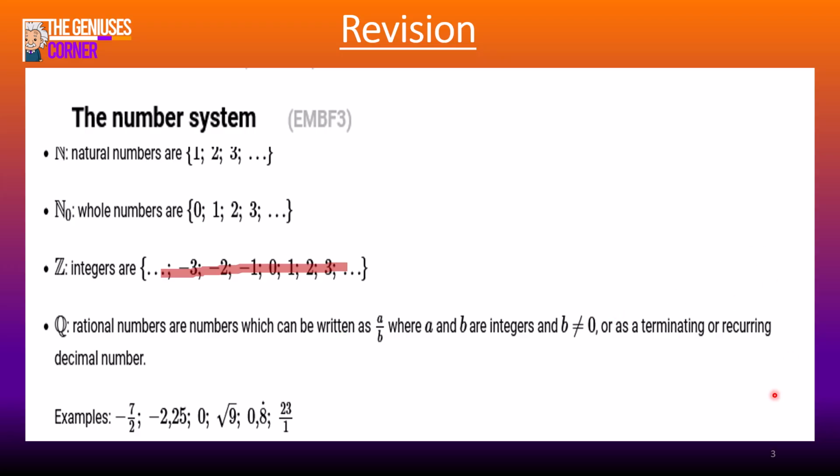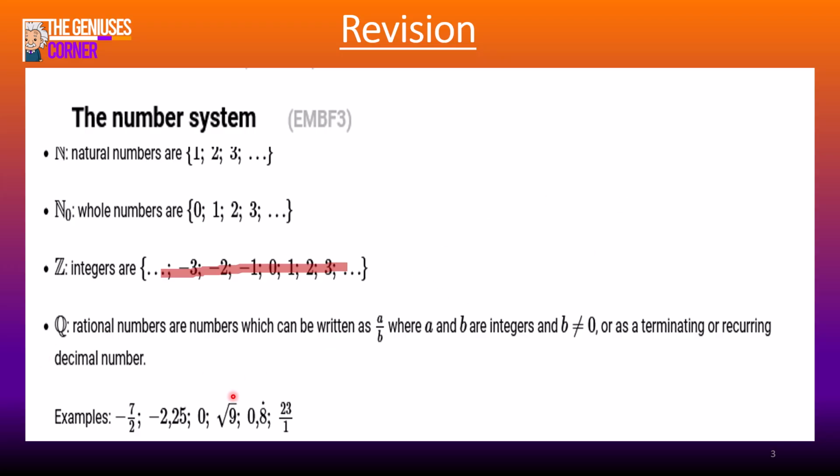They have to either be recurring or terminating. For example, 1 over 3 can be written as 0.333333, so that's recurring. And then terminating, like I said, like 0.4. So it shouldn't be a number like pi, 3.14 and so on and so on. That is not a rational number.